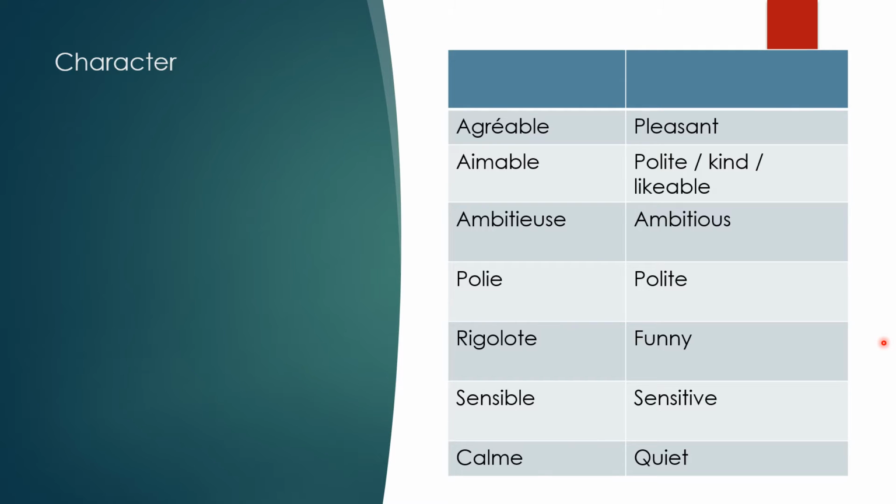Now remember, our French adjectives are divided into feminine adjectives, masculine adjectives, and also plural. Now, how do you know that this adjective must be feminine, masculine, or plural? Remember, an adjective is a word that describes a noun.